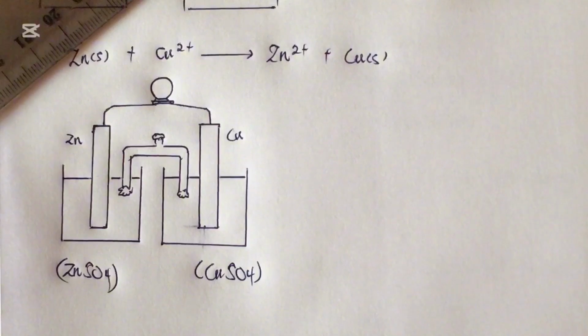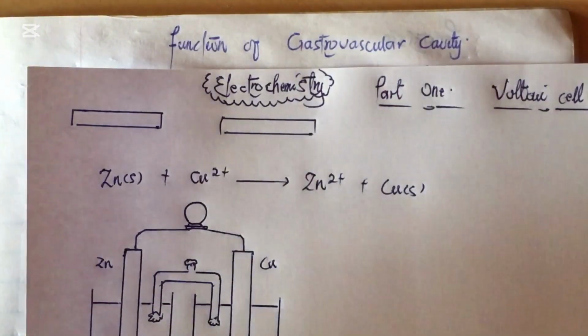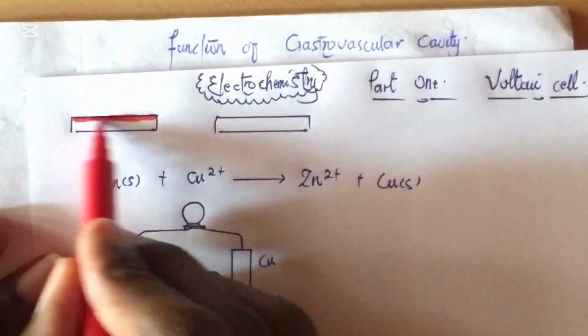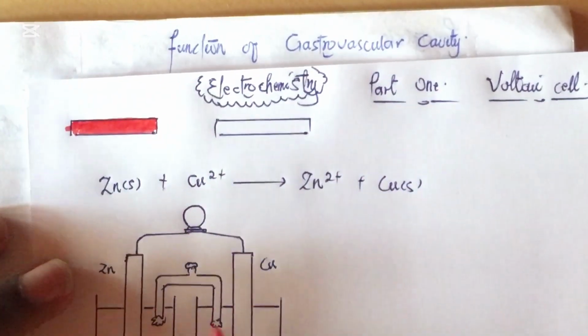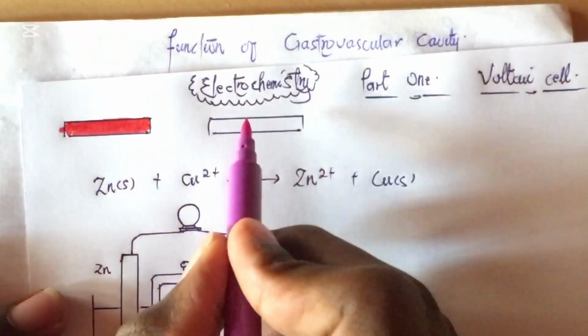Now to make it very easy, let's indicate it with colors so that you understand vividly what I'm trying to say. Let's assume that the color of the zinc metal is red, while the color of copper is more like purple.